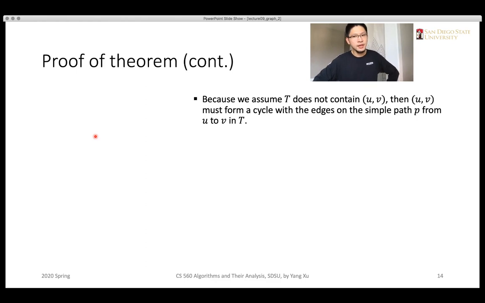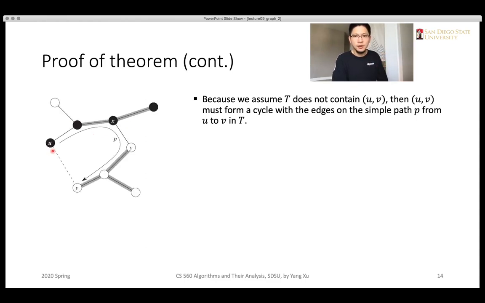Okay, so that means if in a spanning tree of a graph, one edge is not included in that spanning tree, which means if we add UV to that tree, then it must form a cycle with the edges on the simple path from U to V in T.